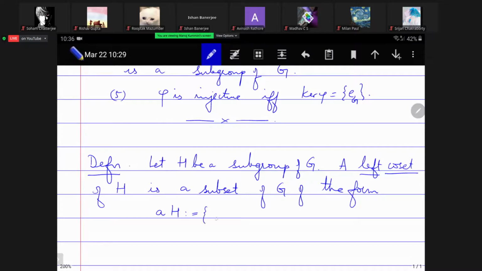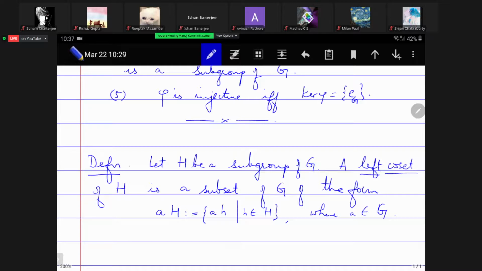This is an abbreviation for ah, where h is inside H and a is inside G. So take an element a of G, and then look at the product of a with an element of h, a first and then the element of H next, and do this for all elements of H. That is called a left coset of H. It's understood that it is taken inside G.